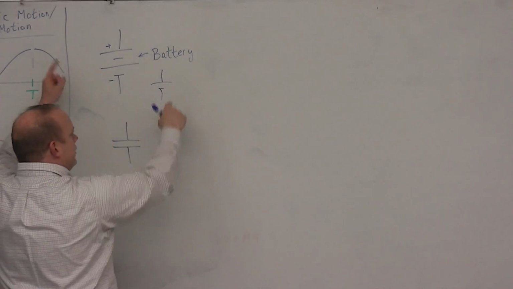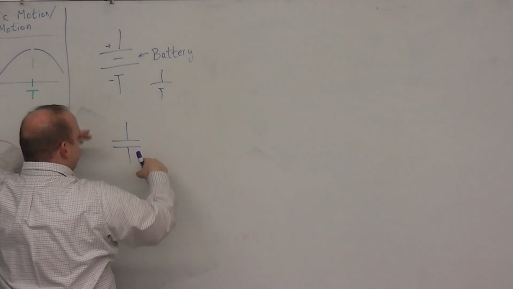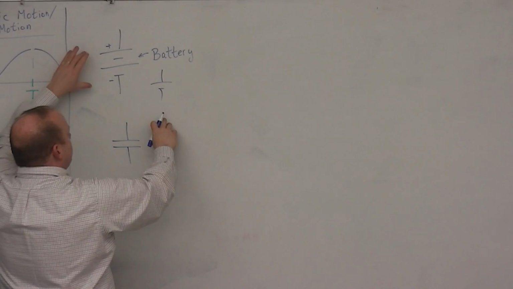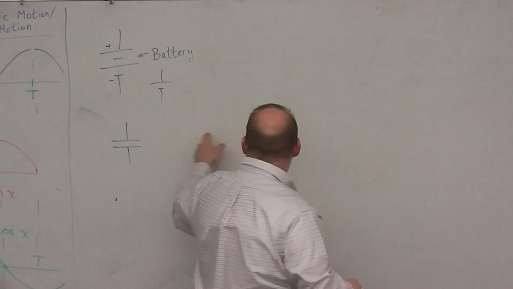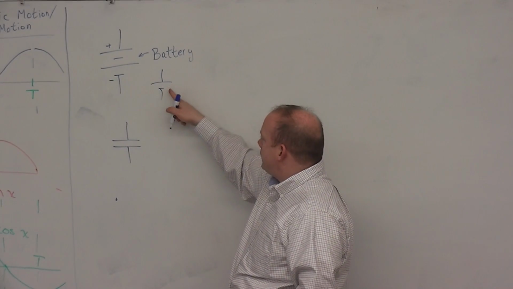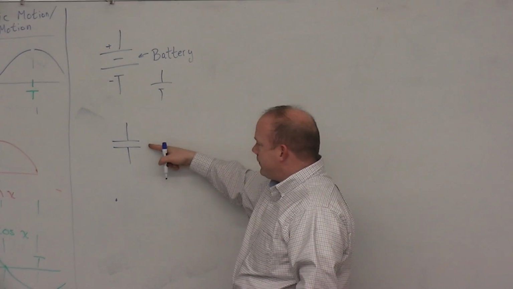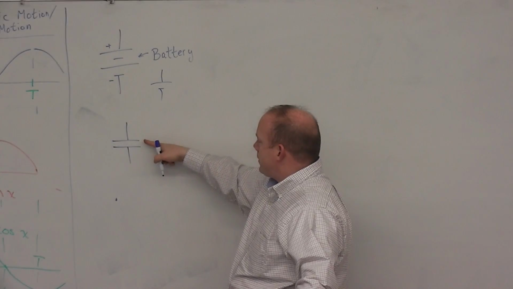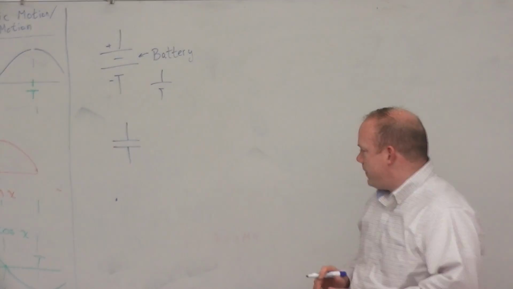And we can rotate these, and this could be arranged horizontally or even at an angle, but typically they're going to be either vertical or horizontal. Be careful how you draw these, especially if you only use the two lines here. The only difference between a capacitor and a battery is that the battery has the long and the short, and the capacitor has the two long lines. You've got to be careful when you do that.